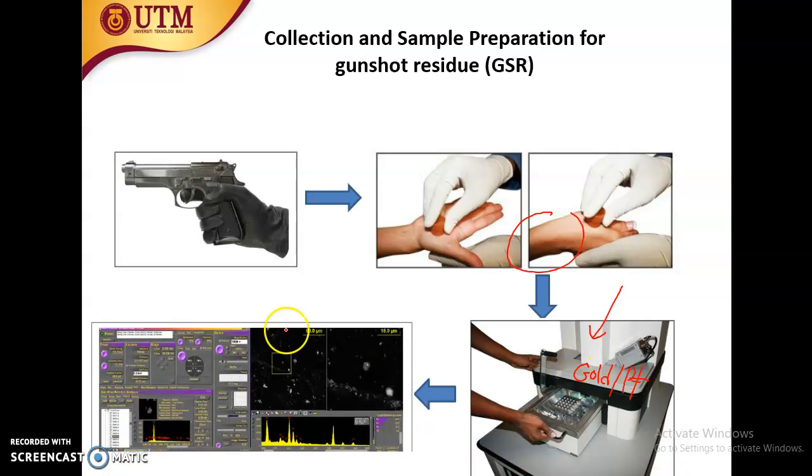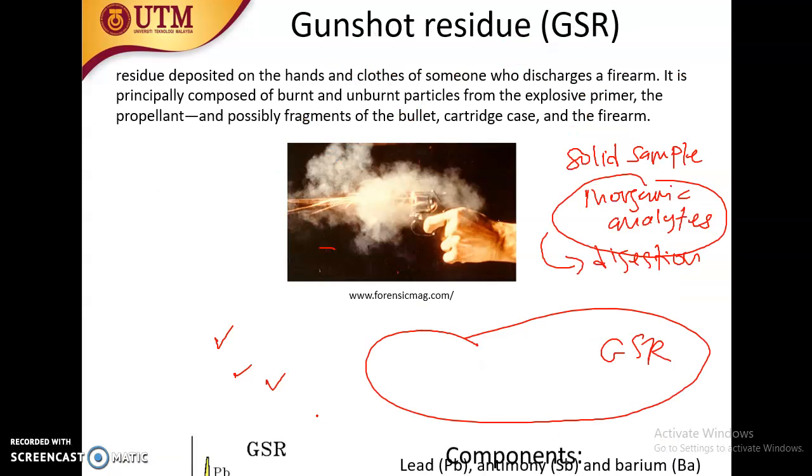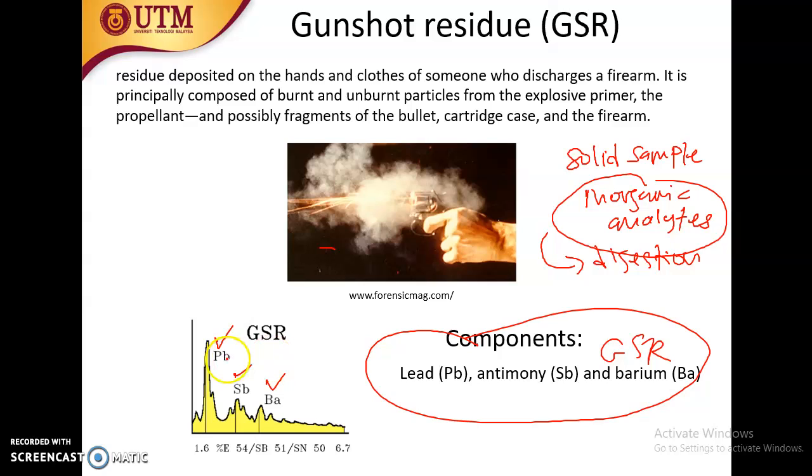So you will get something like a chromatogram, but this is not a chromatogram. It is actually called a spectrum. Why is it called a spectrum? Because this is a spectroscopy method. Therefore, we call it a spectrum. So you will get a spectrum like this. You can see that there is more lead as compared to antimony and barium.